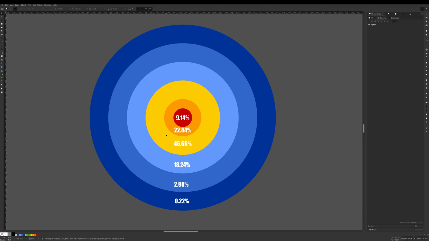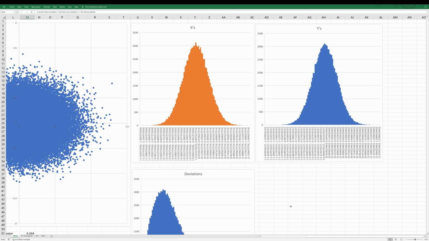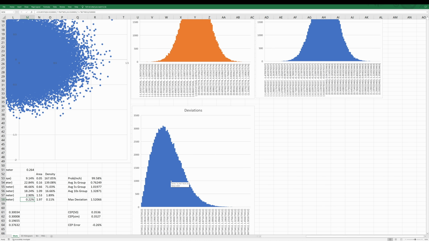It does not capture the area. Whereas when you're looking at this target, the center is smaller than the areas around it, because that's the way 2D graphics work. And so I just didn't want people to get confused in thinking that they should expect to see some sort of donut shape because dispersion isn't normally distributed.